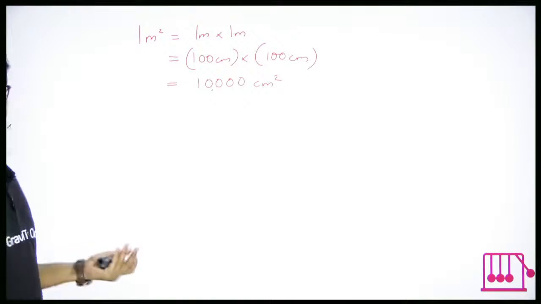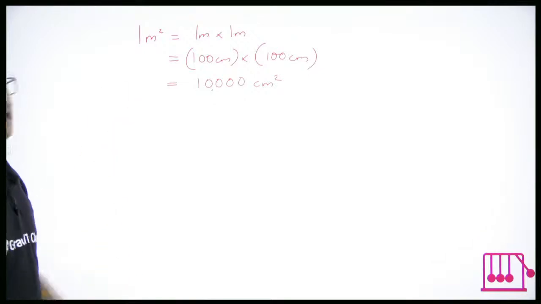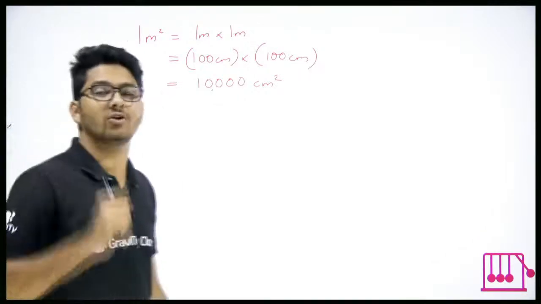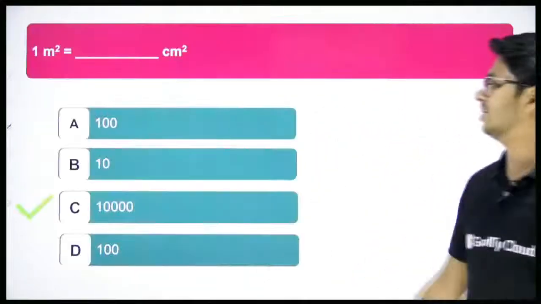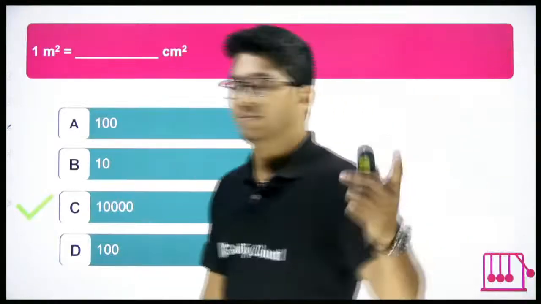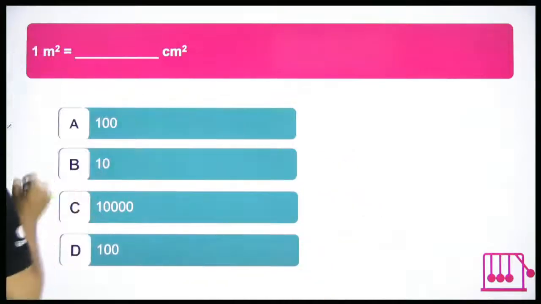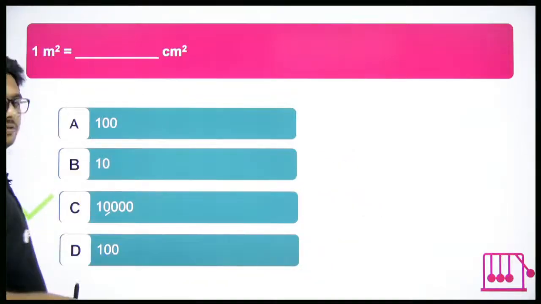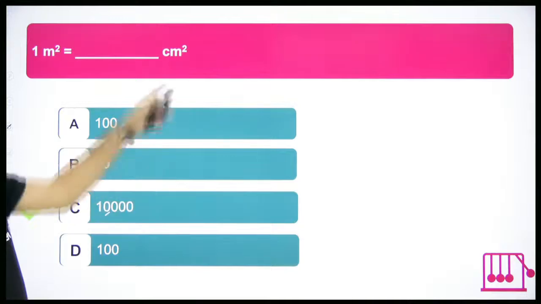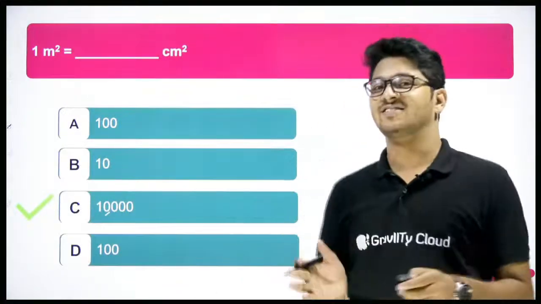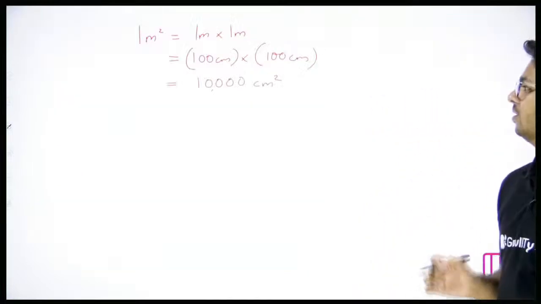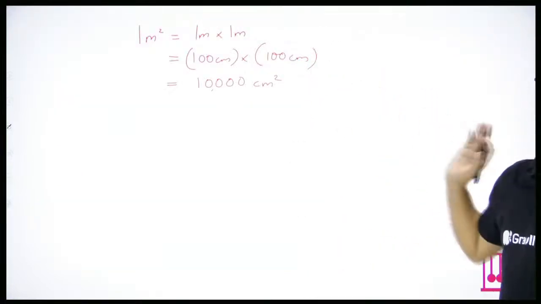That's it. You got the answer. That's why I tell you, focus on the number of zeros in such questions. So the correct answer is option C, 10,000 centimeter square. Understood? Good. Very simple. 3 steps and we got the answer.